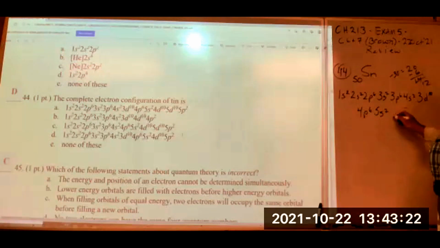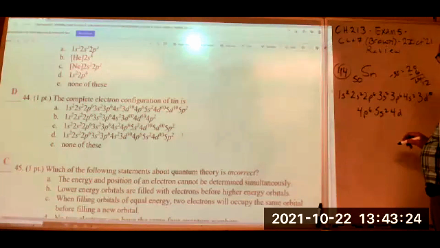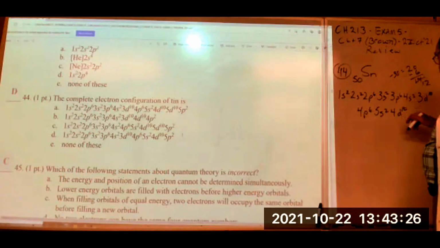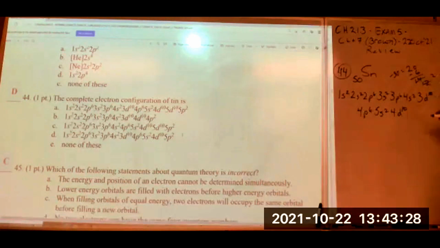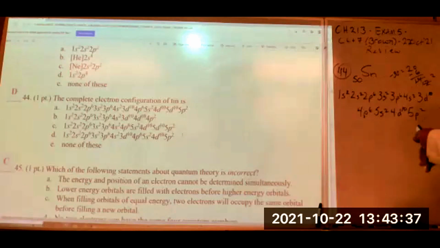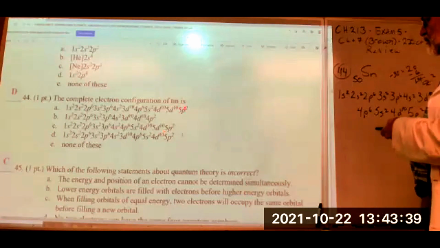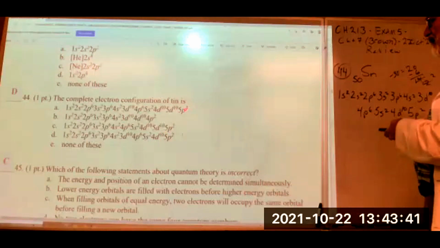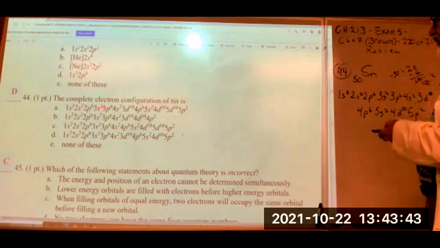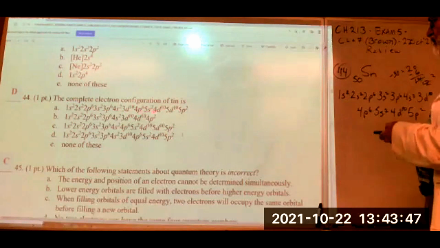And now we're down to 4d. We can use all those 10, at least 2. So now we're back to 5p, right? 5p2. Here we go. Oops, that's not the right order though, is it? 4s, 3d, 4p, 5s.